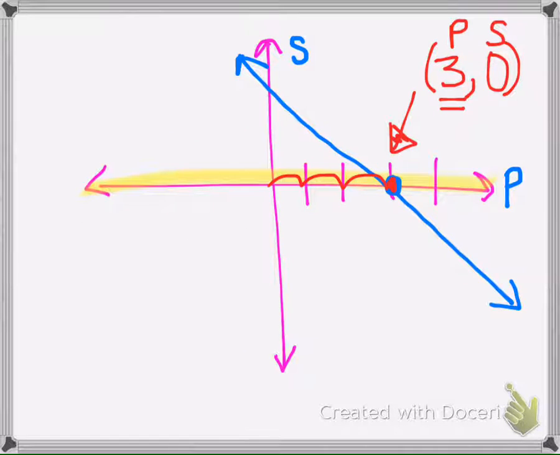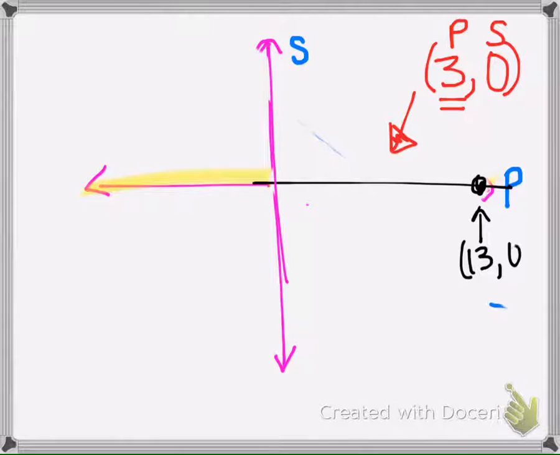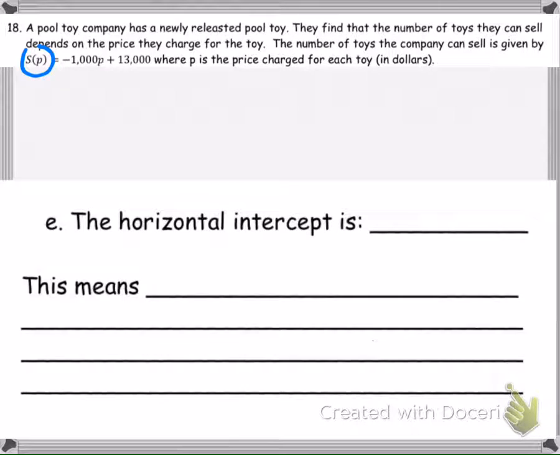So that means it's going to cross this axis right here. It's going to cross right here at 13, 0. So the horizontal intercept is 13, 0.